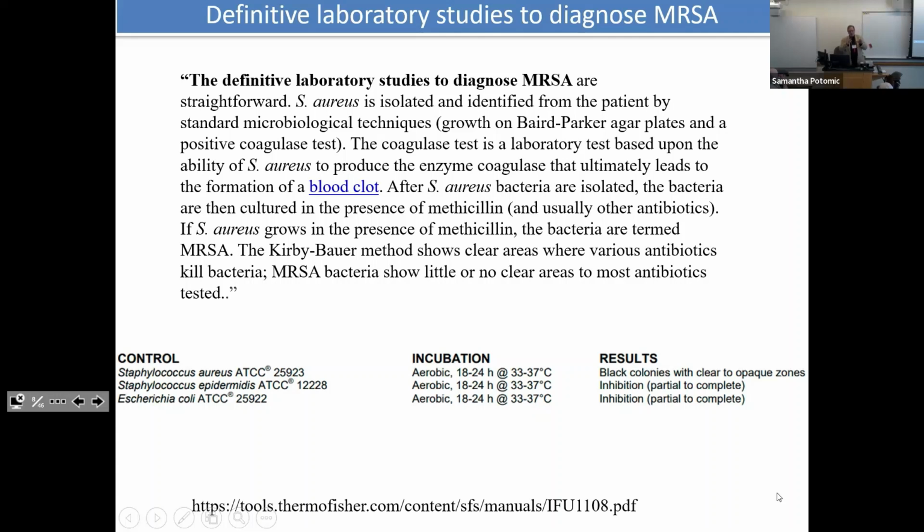The same Petri dishes that they set up for identification of the bacterium have pockets of antibiotics, where they can put different antibiotics. If you go down to the bottom here, you've got the control, incubation, and results. So this is what they're doing in the lab. They're taking the sample and growing it, and identifying what type of Staphylococcus it is, Auris ATCC.